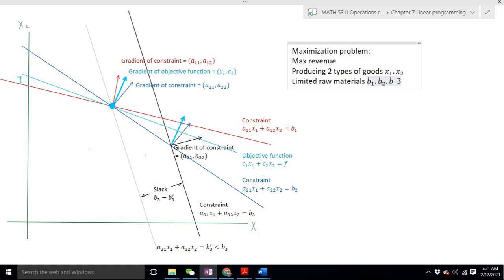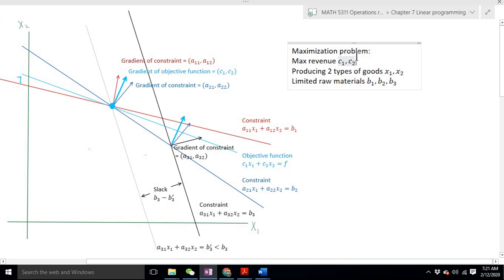So suppose you have three raw materials that go into two goods, and you're trying to maximize the revenue. The revenue from good 1 will be C1, and the revenue from good 2 would be C2. So that's the situation we have here.